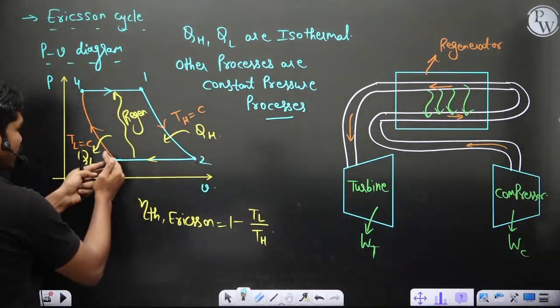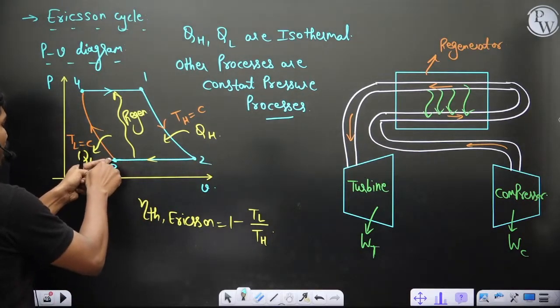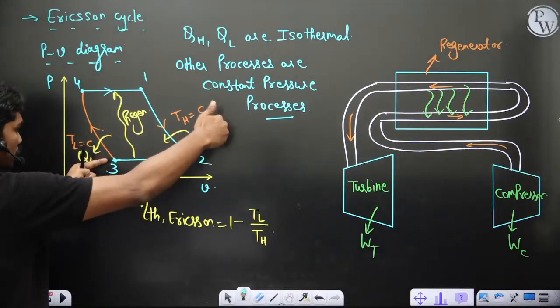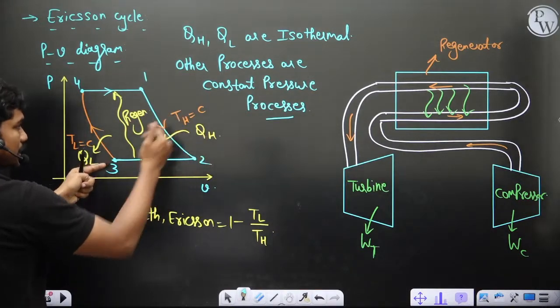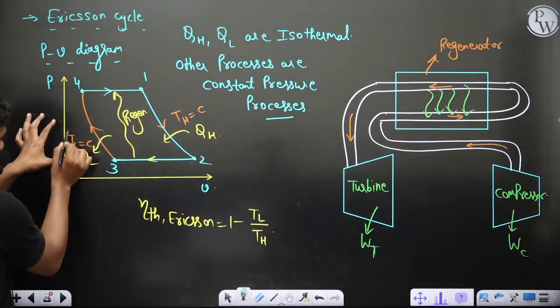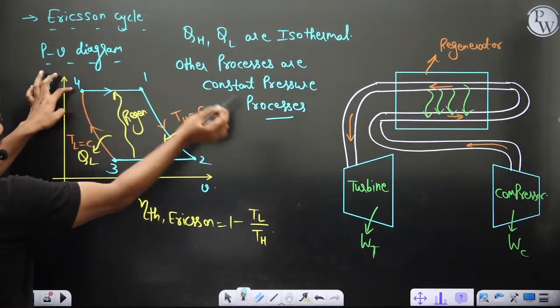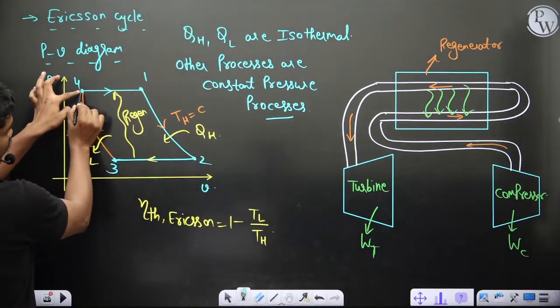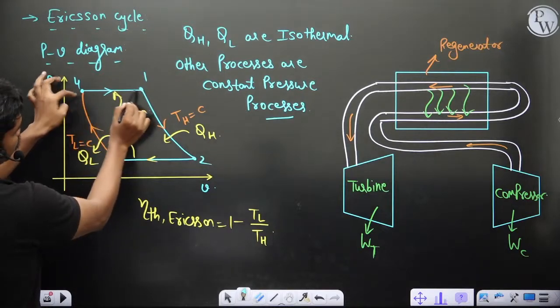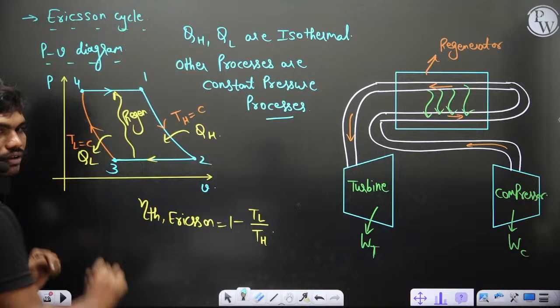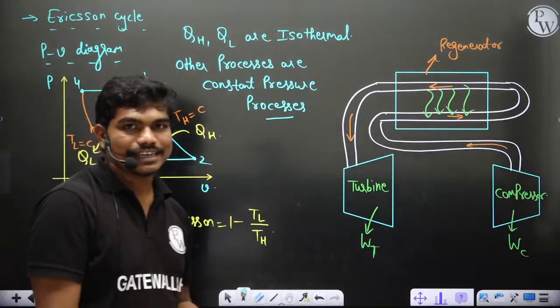At this temperature TL, when you start to compress the gas again, its temperature clearly increases because of compression, but to keep heat rejection at constant temperature, we allow this heat to flow out. Again at this point, the substance takes energy from the regenerator, and at constant pressure, temperature and volume both increase, from TL to TH, and volume from V4 to V1, okay. So this is how physically this cycle is constructed.